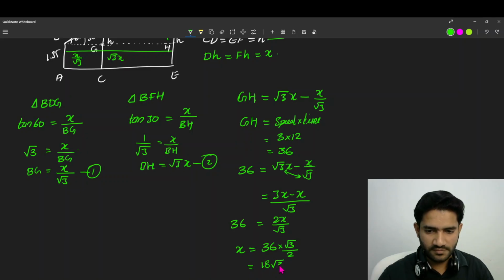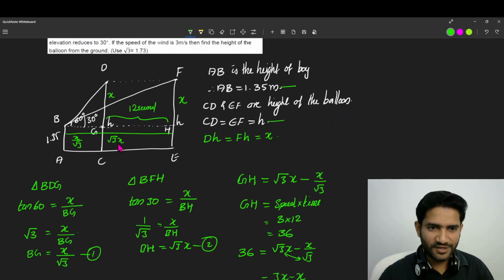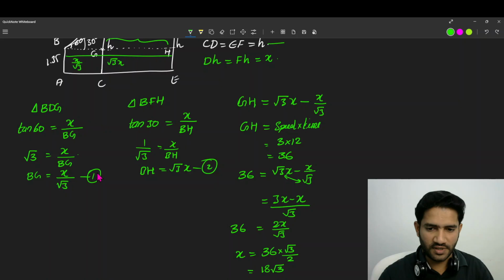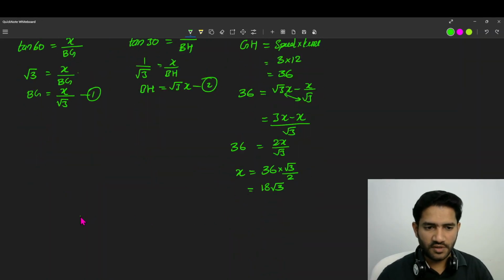Is it over? No, in the question we are to use root 3 equal to 1.73. So x equals 18 into 1.73. What is 1.73 into 18?